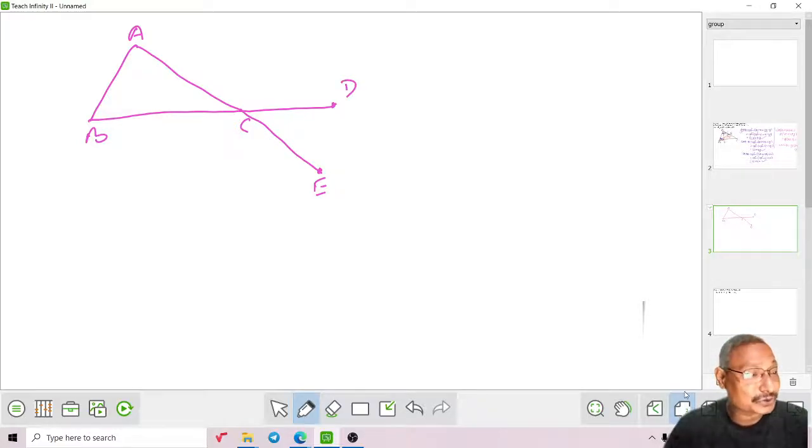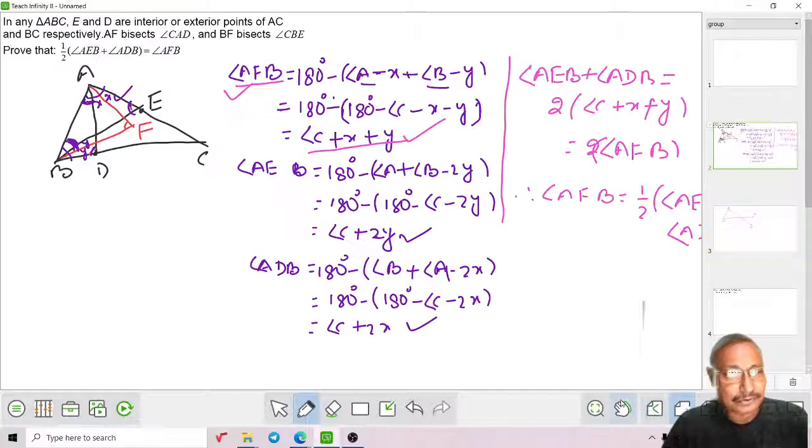Now, according to the question, we are to find the bisectors of CBE. In this question, I think this question should be taken over that page. So I'm taking this one.